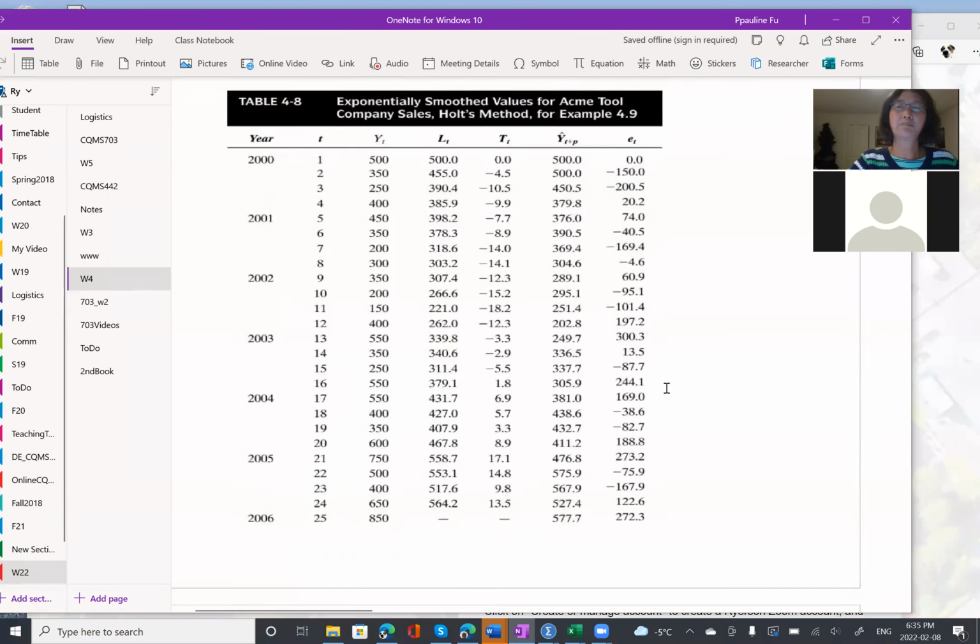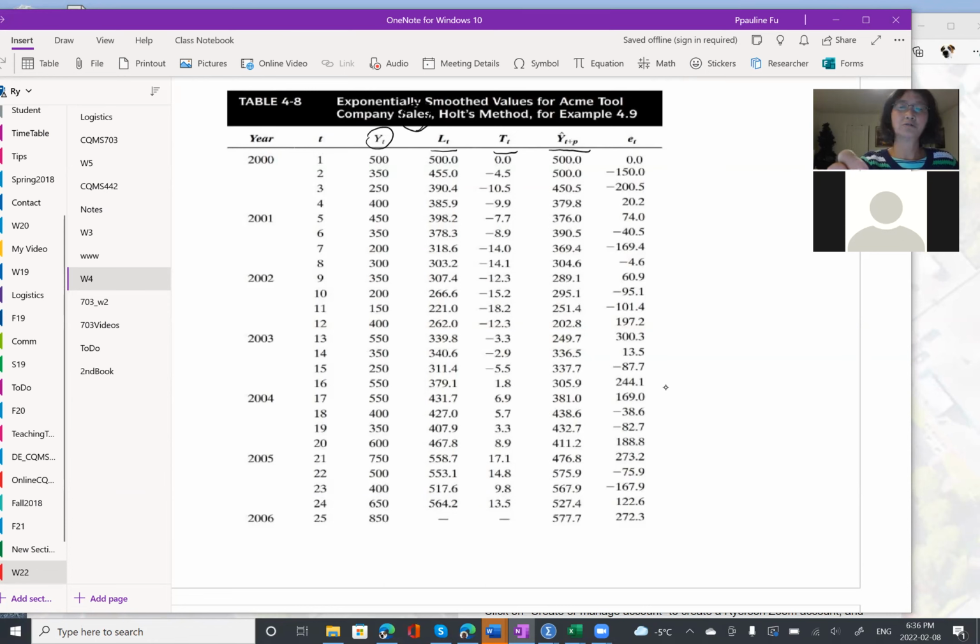This data is about company sales. It is about sales data. See, the Y is original data. It is given. So we want to estimate level LT, trend TT, and then we want to forecast.